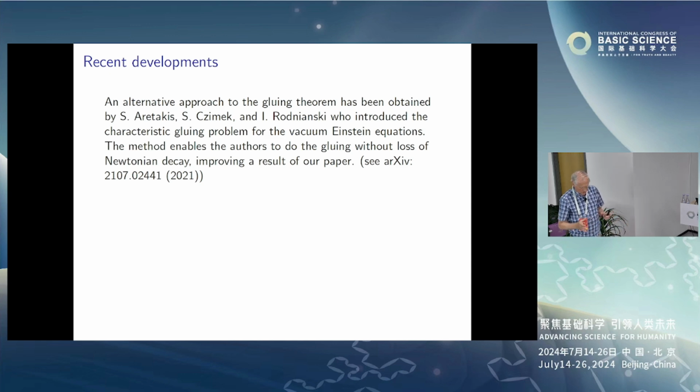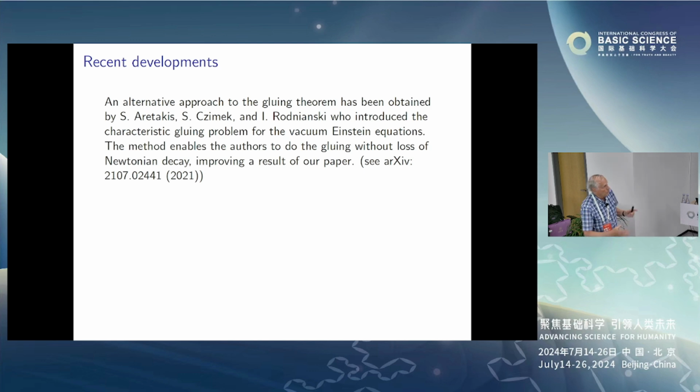The idea is that we're solving the constraint equations on the space-like hypersurface. This paper exploits the fact that if you take a characteristic hypersurface, then the constraint equations simplify, so they actually reduce to a family of ODEs.